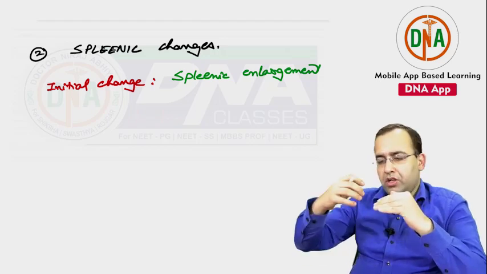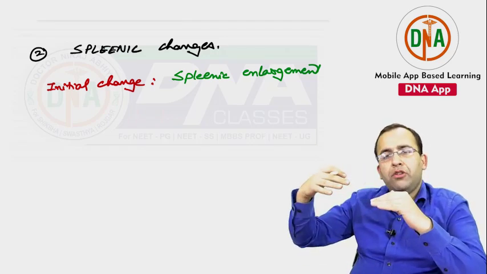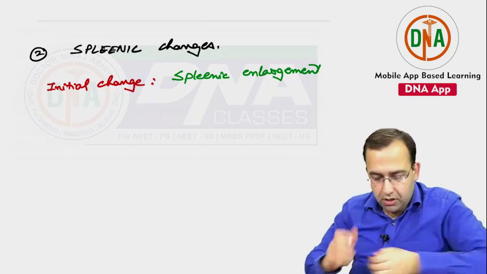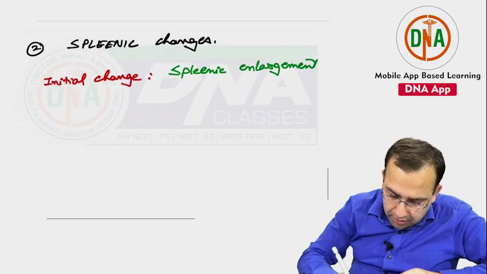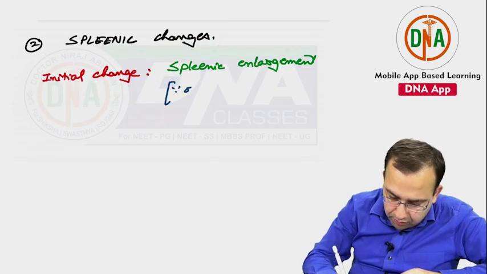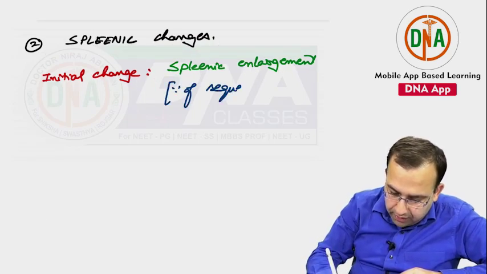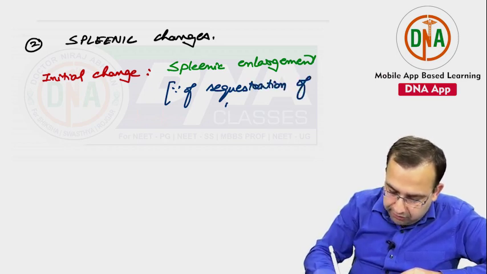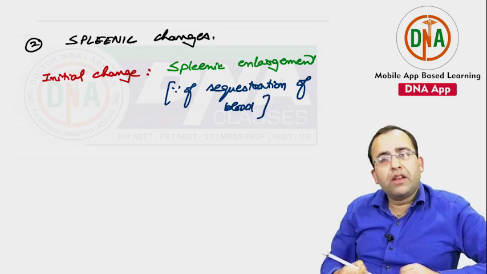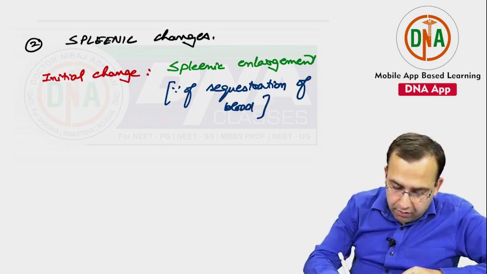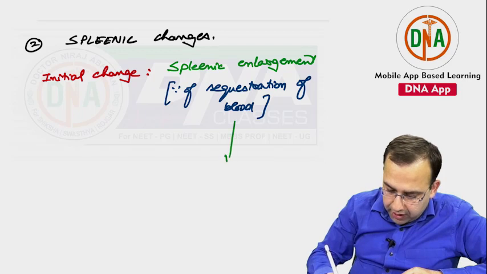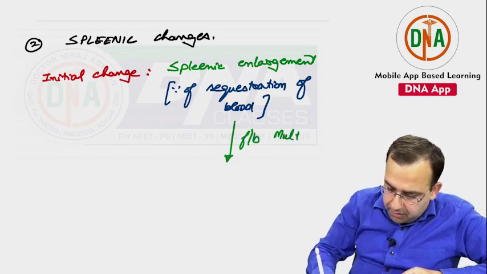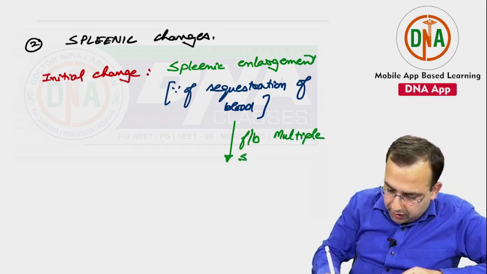Because of vaso-occlusion, blood is entering into the spleen but is not able to move out, leading to splenic enlargement, occurring because of sequestration of blood in the spleen. Splenic enlargement is followed by multiple splenic infarcts.